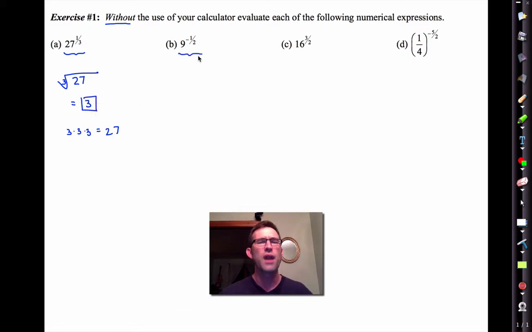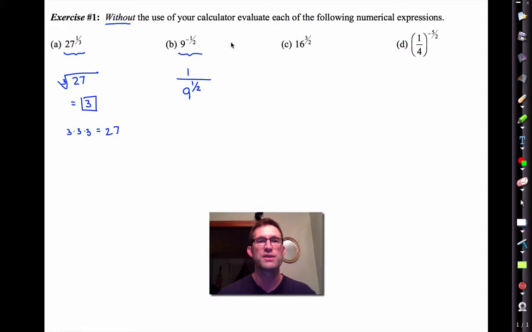On the other hand, what is 9 to the negative 1/2? Well, the first thing I'm going to deal with is the negative, because you don't have anything like a negative square root. What I want to do is get rid of that. So the first thing I would do when thinking about this is rewrite it as 1 divided by 9 to the 1/2, right?